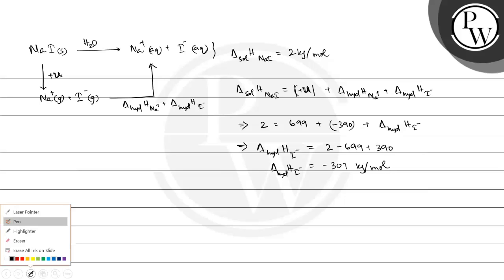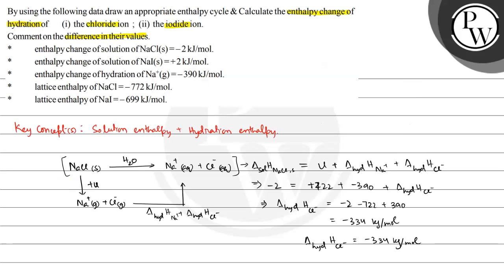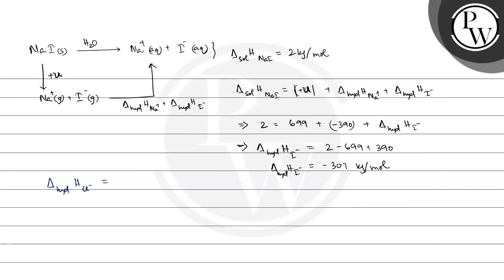Now if we compare these two, the magnitude of hydration enthalpy of Cl minus is 334 kilojoule per mole, and the magnitude of the enthalpy of hydration of I minus is 307 kilojoule per mole.